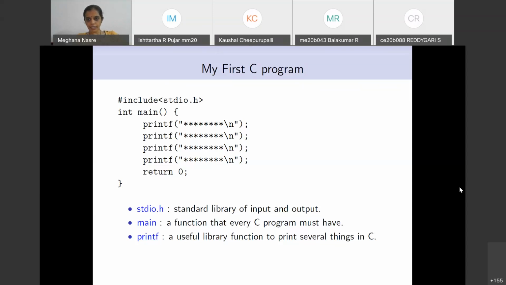So we'll see that. Do cout and printf do the same job? Yes, cout and printf do the same job at a very high level, but again, the way you operate them is slightly different. So we have to learn how printf operates because we are going to learn the C language. So at a high level, yes, they are used to print things to the output.